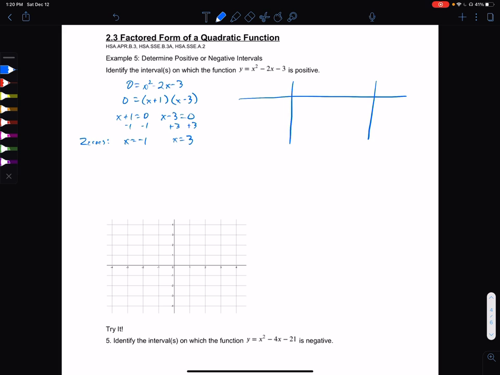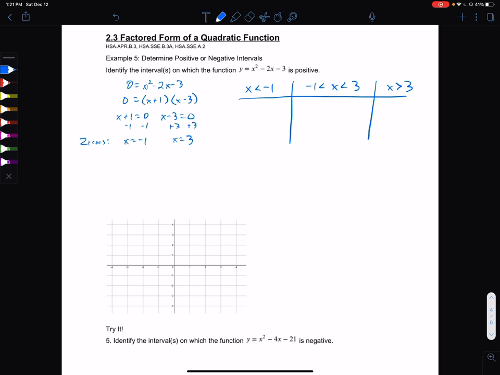I can have numbers that are less than negative 1, numbers in between my two zeros, negative 1 and 3, and numbers that are greater than 3. So you have numbers to the left, which would be less than negative 1, and numbers to the right, which would be x is greater than 3. When we go through the graph, it might make a little more sense.